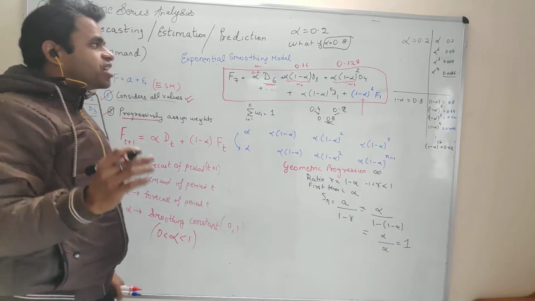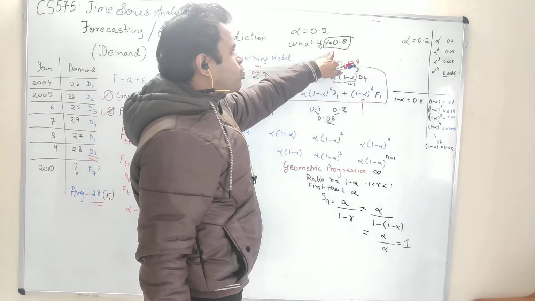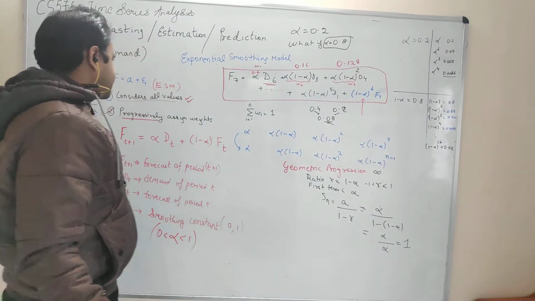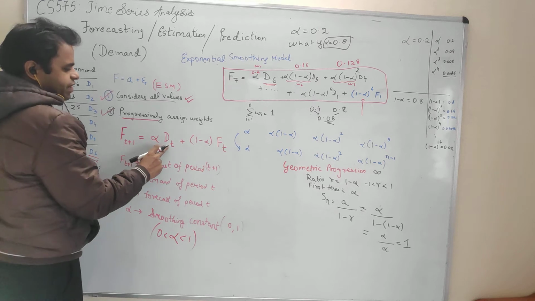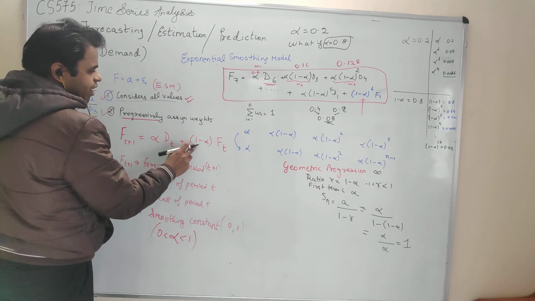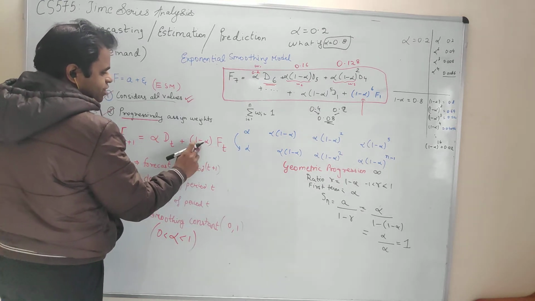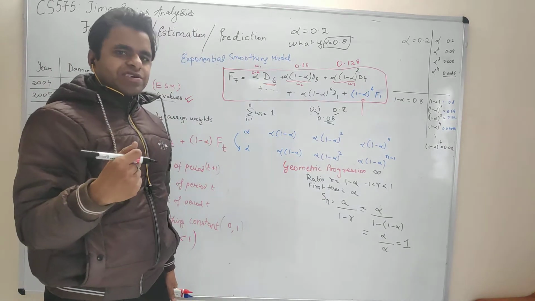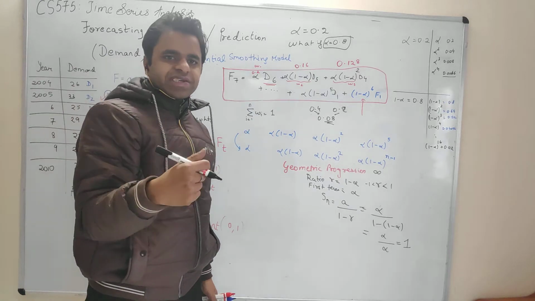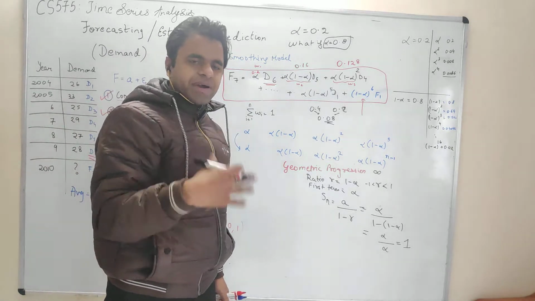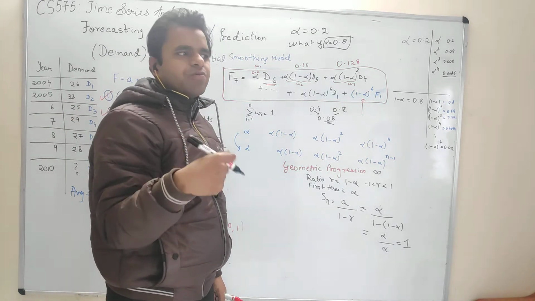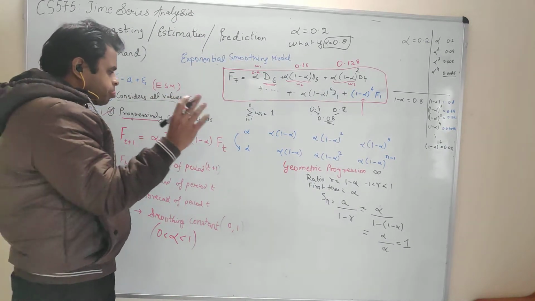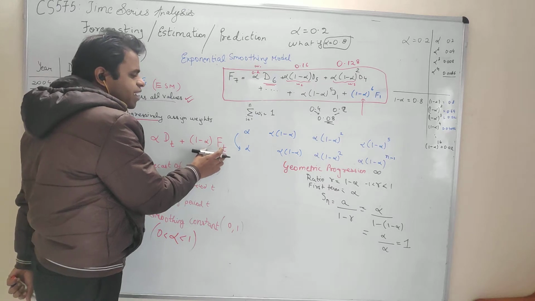Now just see for an intuition, if you choose alpha as 0.8, this will become 0.8 into the demand and 1 minus 0.8 into this, so this will become 0.2. See, we are more focused on assigning weights to the forecasting and not to the demand. Demand is important, but we are trying to estimate the forecast. We are trying to basically forecast a value.